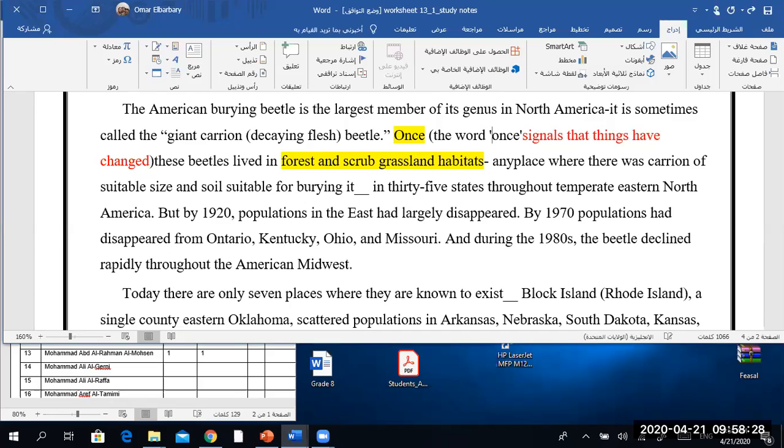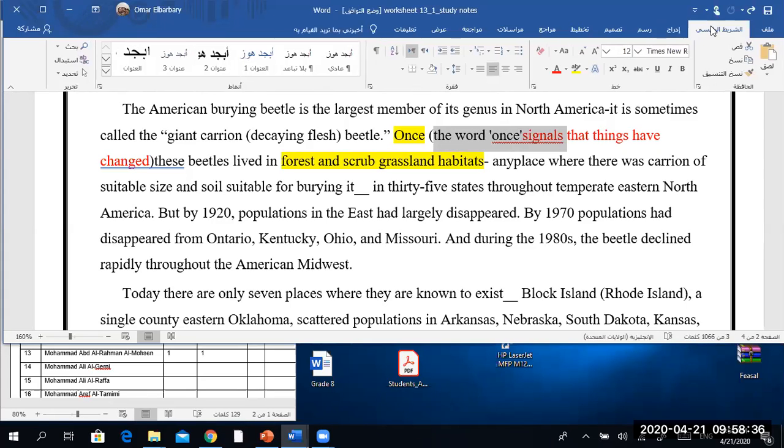Signals that the beetles or things have changed. What do we mean when we say things have changed? That the beetles are not living in these areas anymore, or at least they are not the same in terms of number. We don't have the same population.